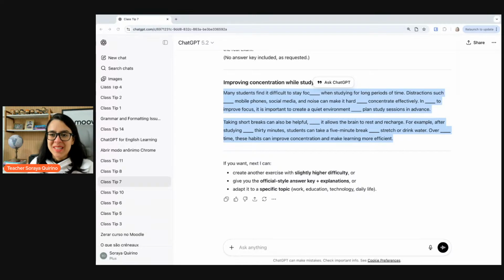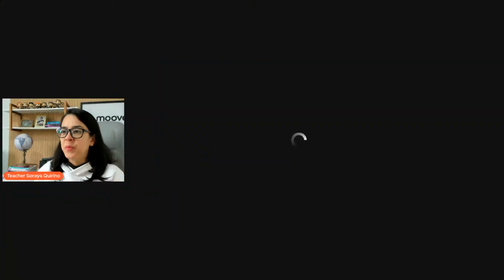Maybe because you were studying here with ChatGPT, you can say, I don't know the word here. Can you give me a tip? You can also ask ChatGPT to number the gaps. It's up to you. I created something simple, something straightforward, but you can enrich the prompts. And this is the magic of ChatGPT. And let's continue.